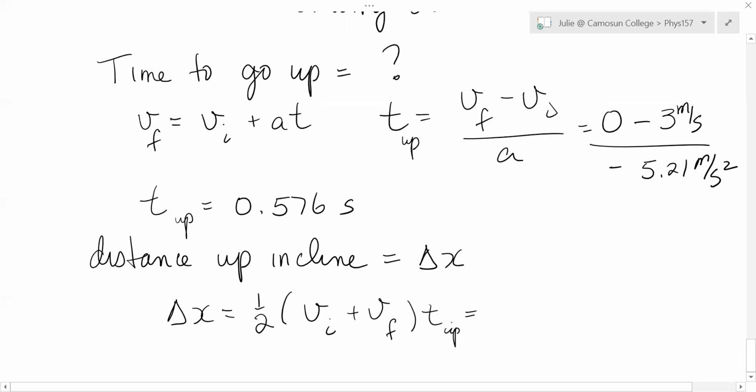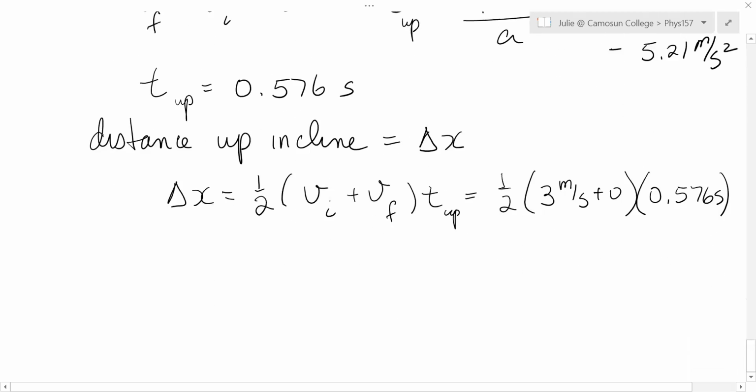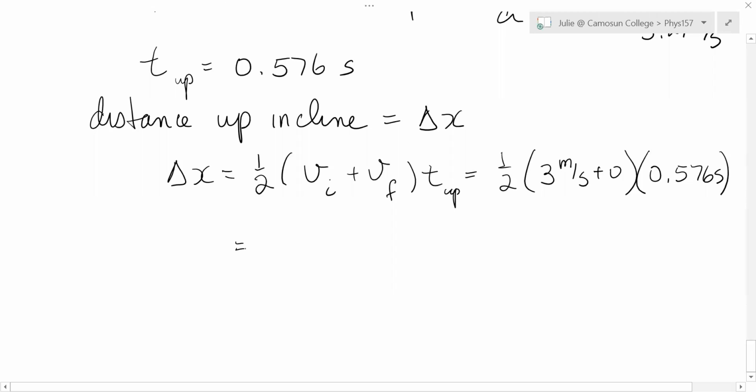This is the distance it goes before it stops. So this is half of 3 plus 0 times 0.576 seconds. And so the distance up the incline would be 0.864 meters. Half of 0.6 is about 3.3, that's about right.